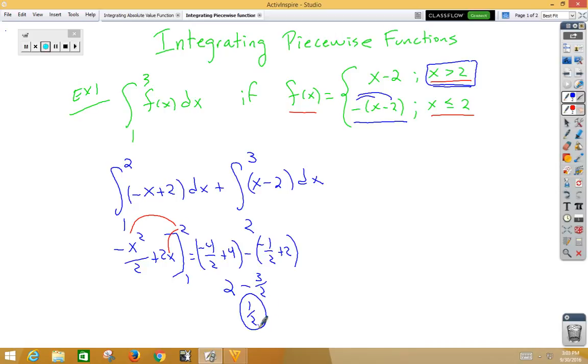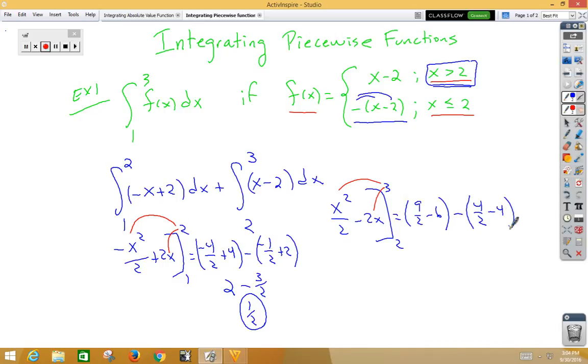Our second integral, we can go x squared over 2 minus 2x from 2 to 3. So if we plug in our 3, we're going to get 9/2 minus 6 minus 4/2 minus 4.